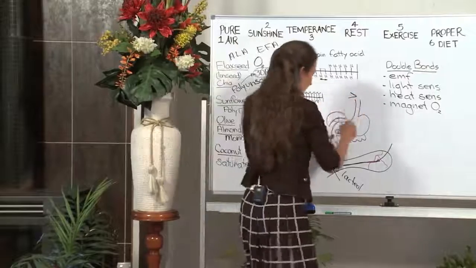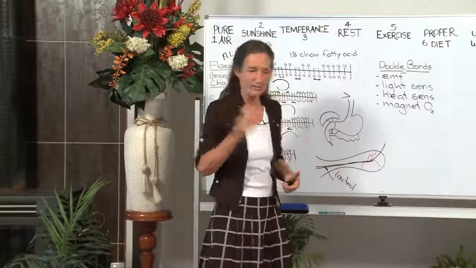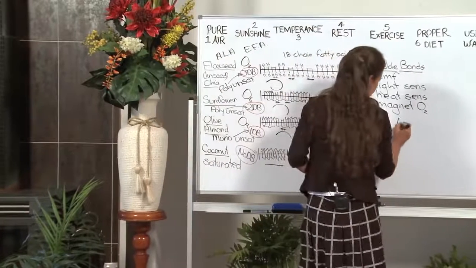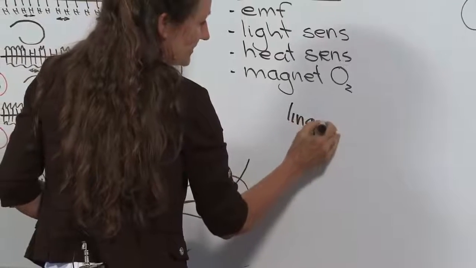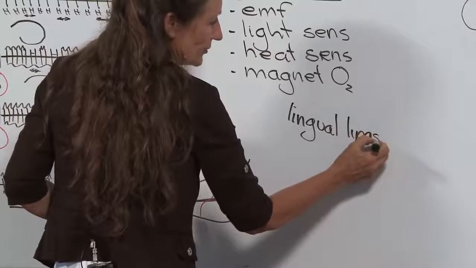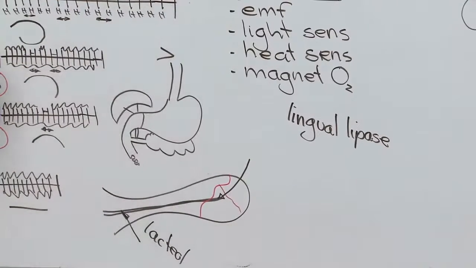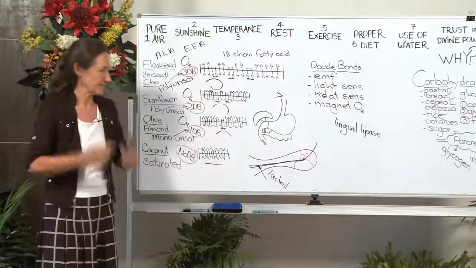It comes into the mouth, and underneath the tongue are sublingual glands that release lingual lipase. Lingual lipase is an enzyme that breaks down only short and medium chain fatty acids. So the coconut is unique in that the breakdown happens in the mouth.